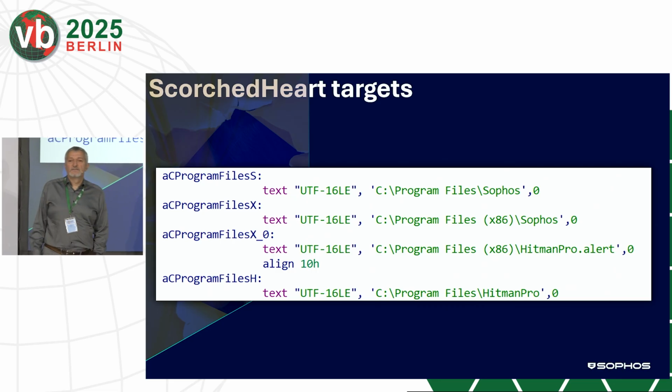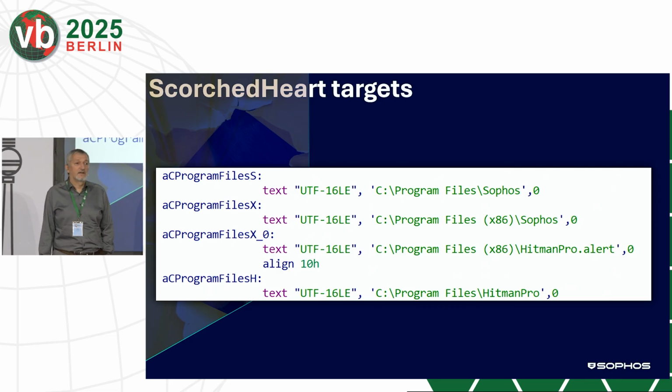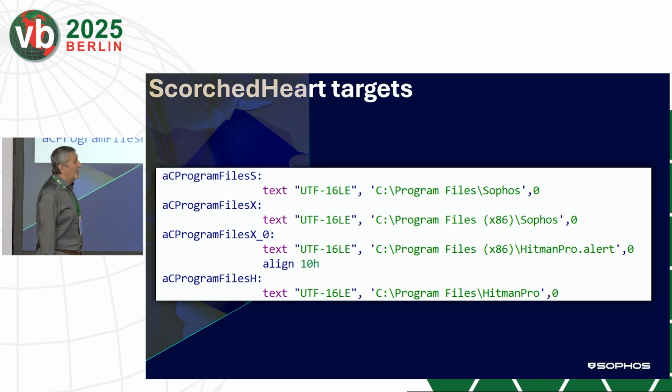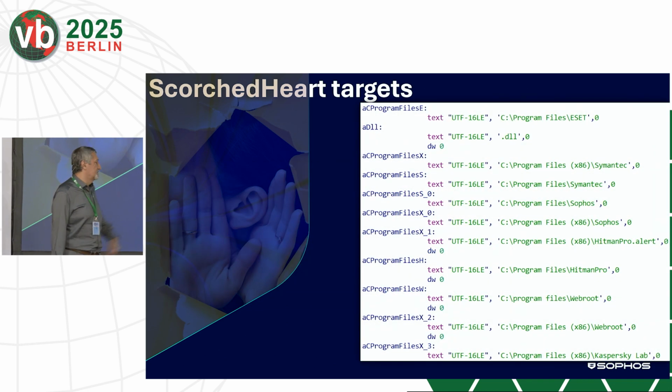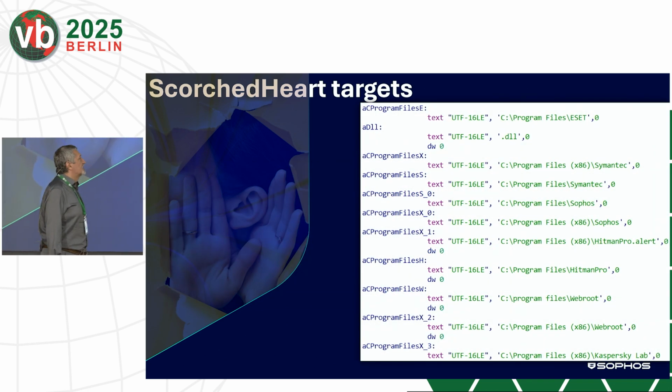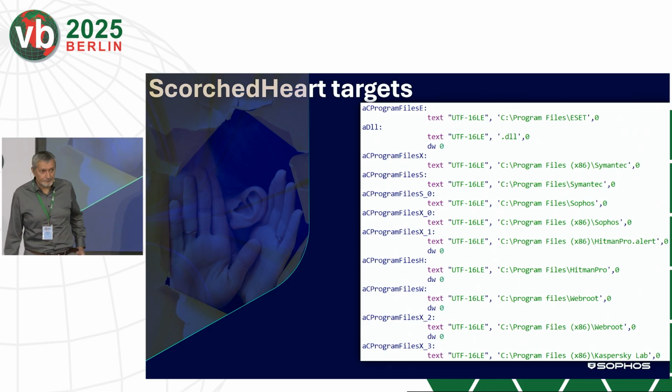The first attempt that we have seen targeted our products, Sophos and HitmanPro. Other variants had a wider range of target selection, like one sample targeting at the same time Symantec, Sophos, Webroot, and Kaspersky Lab products.